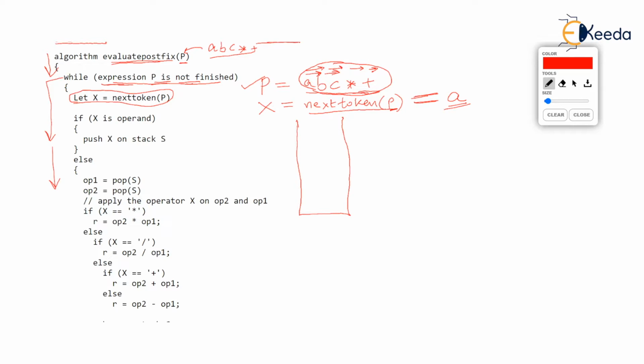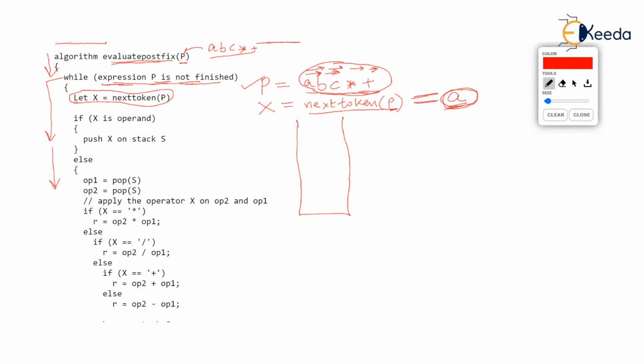Now there are only two possibilities. Everybody knows this. The token that we have got in x can be either an operand or an operator. Postfix expression P will have either an operand or an operator. It does not have brackets. I hope you have come from the first video, you have watched it.